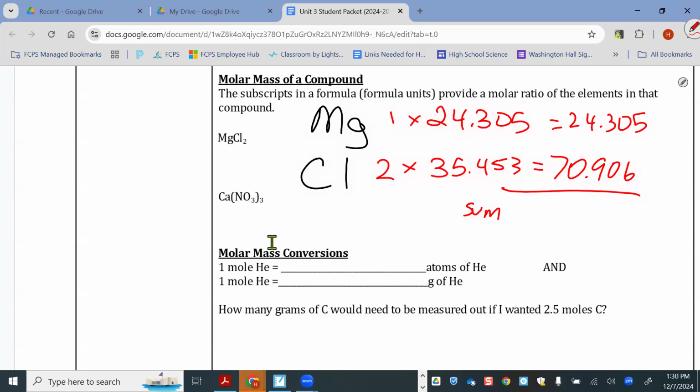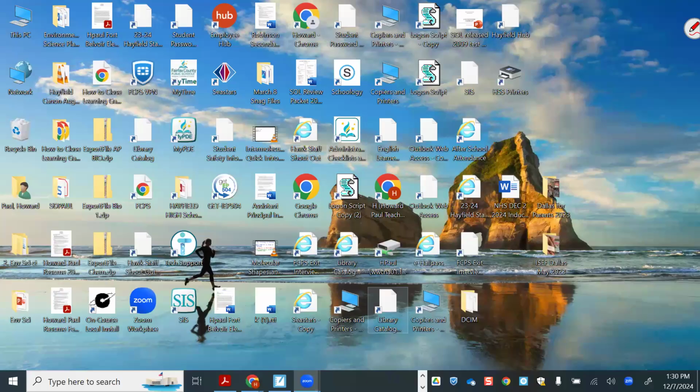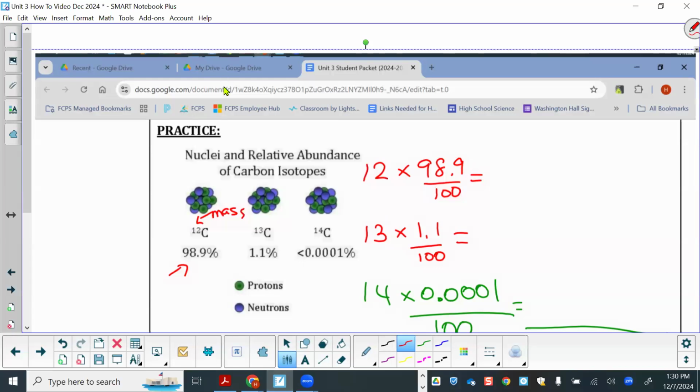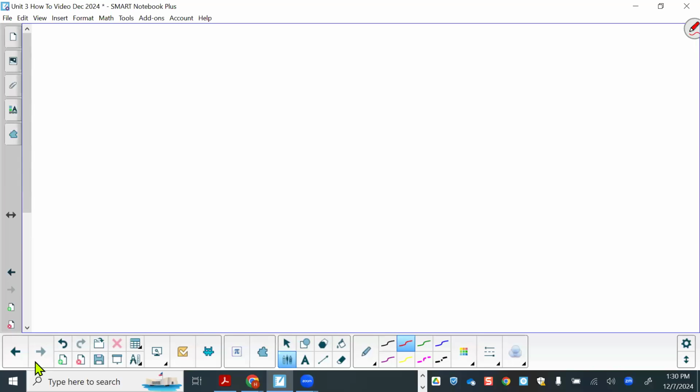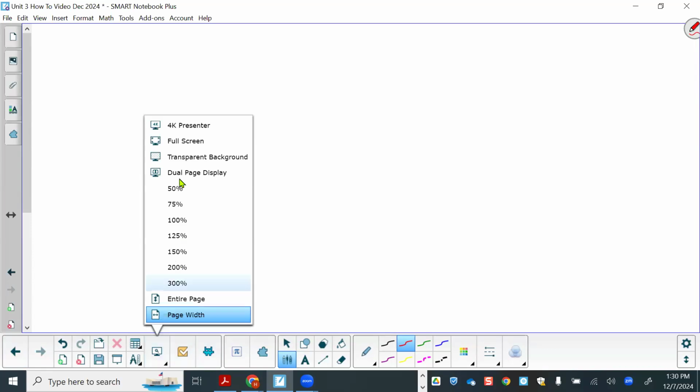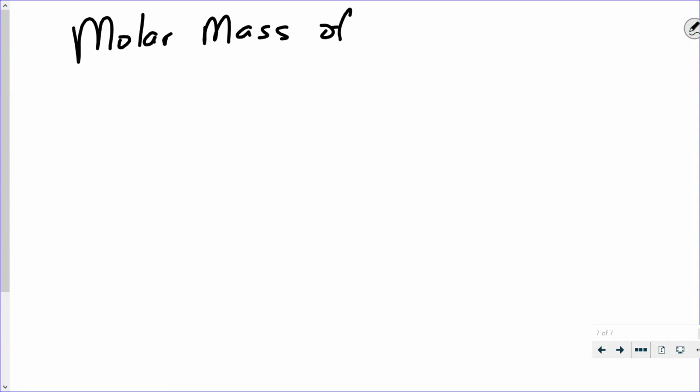Okay. Now I do want to make sure we do one that is more complicated, like this one here, calcium nitrate. Molar mass of a compound.